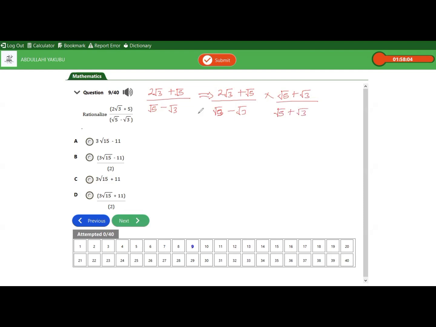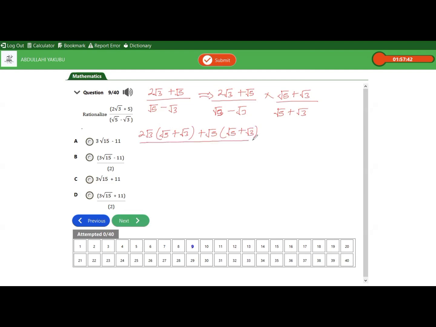So to make it easy, we can just say 2 root 3 all multiplied by the whole of this, that is root 5 plus root 3. Then plus root 5 all multiplied by it, that will be root 5 plus root 3.